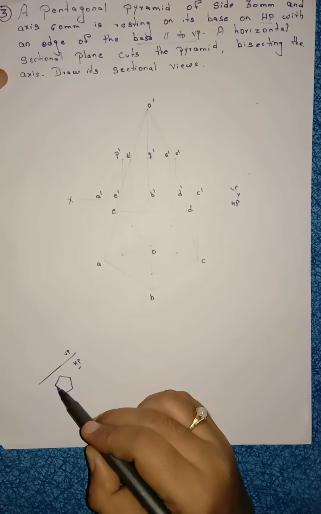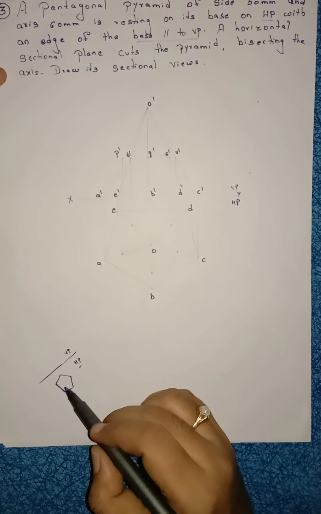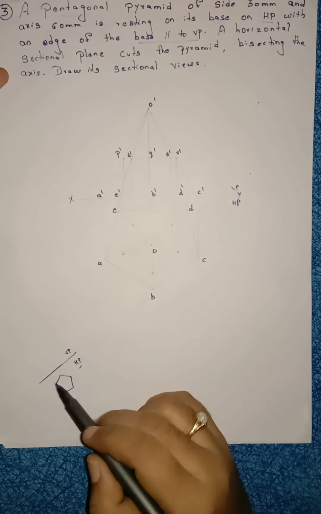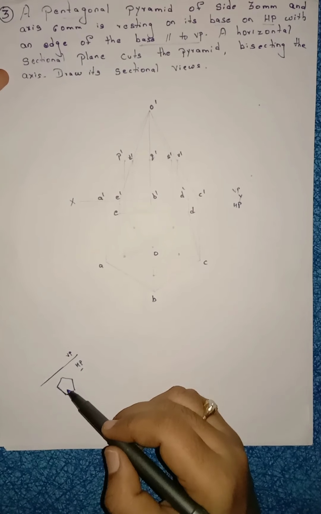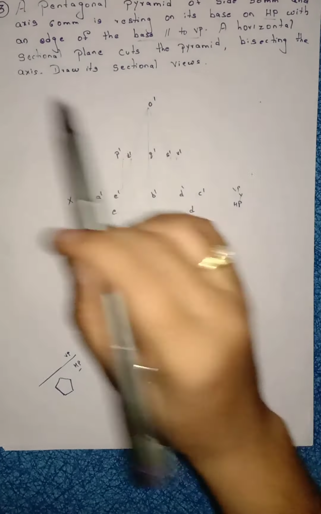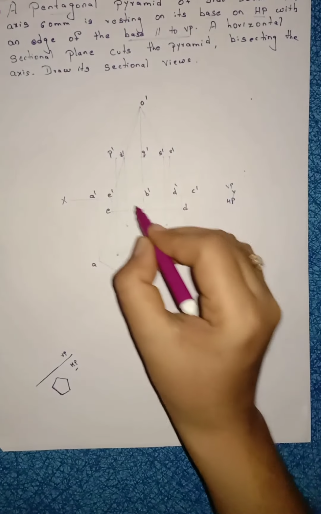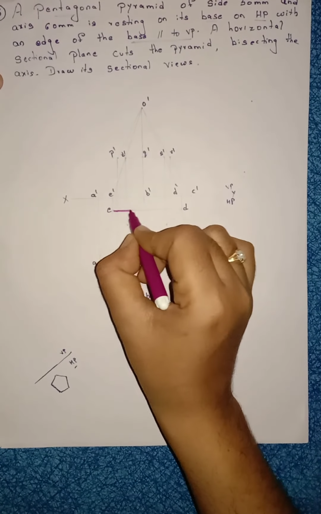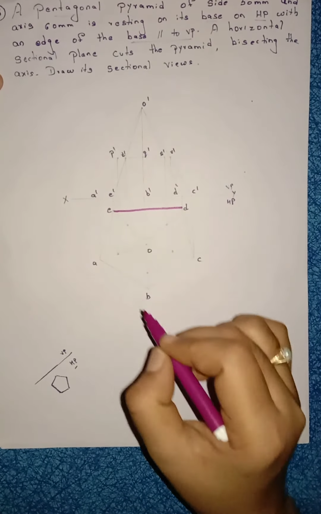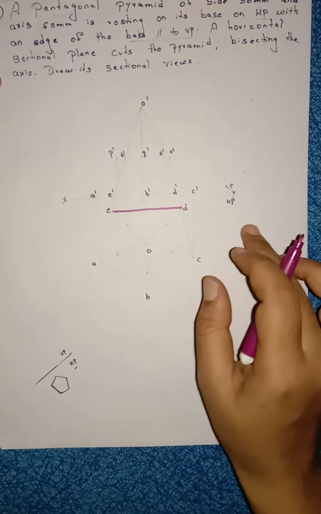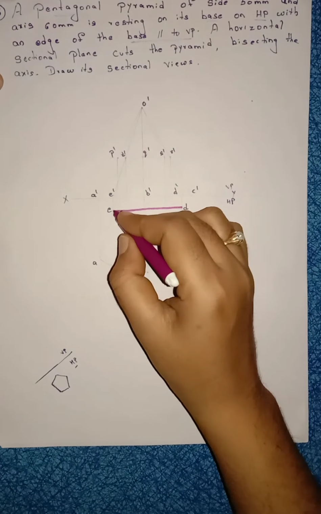If you construct the pentagon like this, the base is not parallel to VP, it is perpendicular to VP. So following this next condition, you have to construct the pentagon like this, base parallel to VP. Base on HP, base parallel to VP.